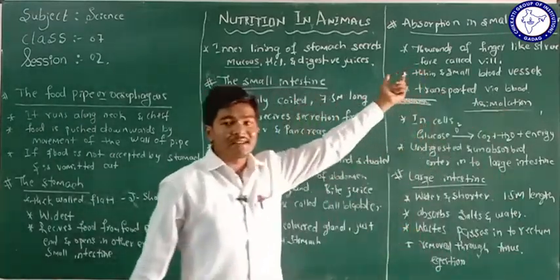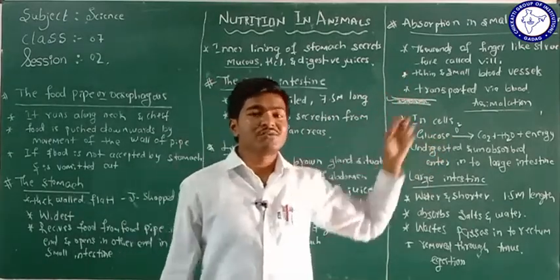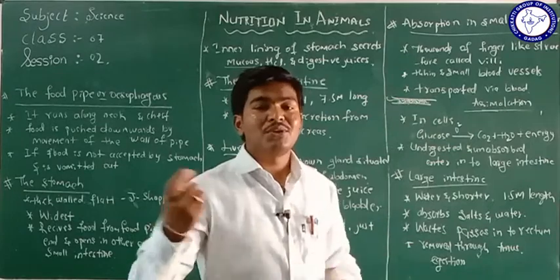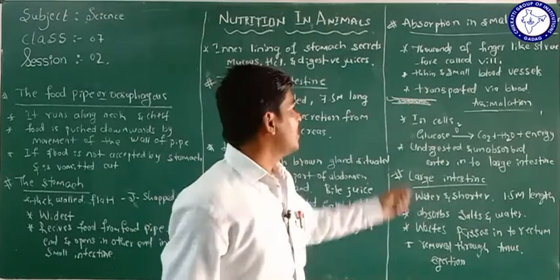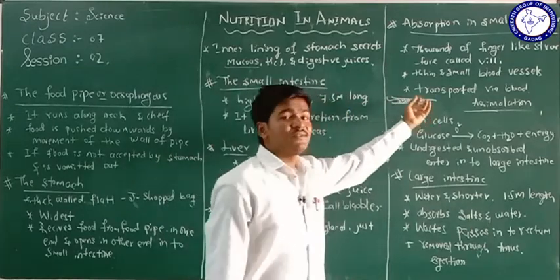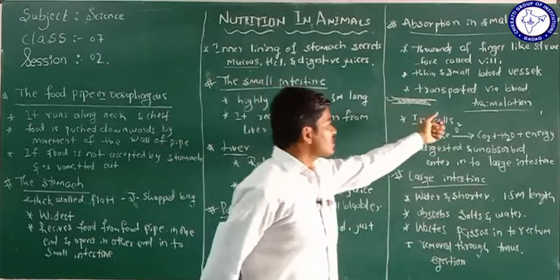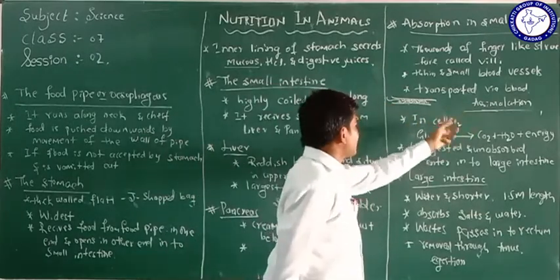So one is absorption, another one is assimilation. Assimilation is done by the villi and by using the blood. By using the blood, the more important compounds, that is food materials, will be transported towards all parts of the body. That process is called assimilation.